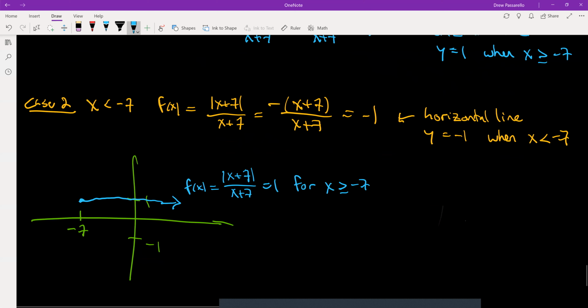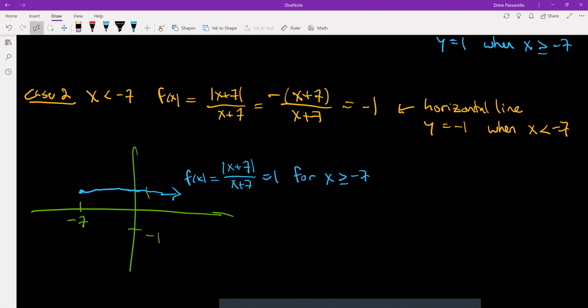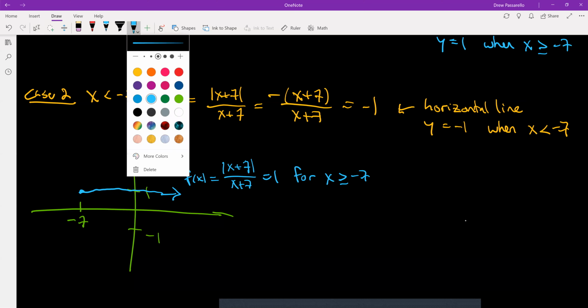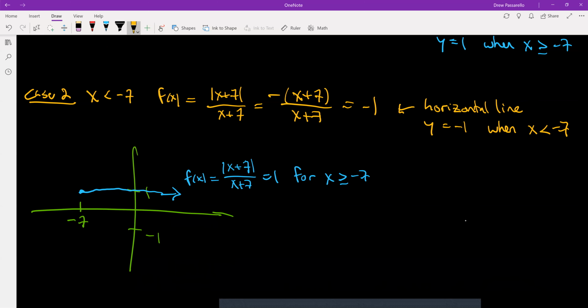Now the other piece is just another horizontal line, but going in the opposite direction and at -1. And this other piece is going to be a hole because I have a less than sign. So I'm not including -7 when I have just the less than sign. That's why I have this hole, and then everything to the left of -7 goes forever to the left.